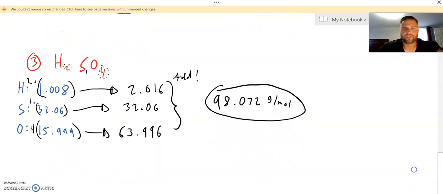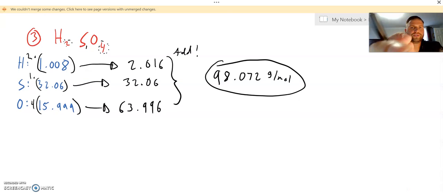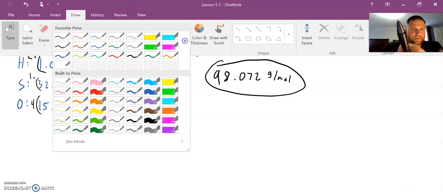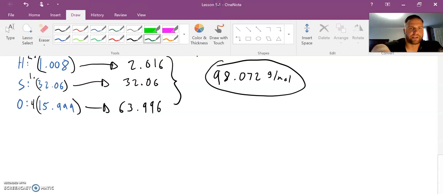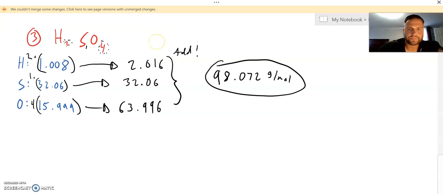Let's go ahead, let's put this in writing. What does that number truly tell us? So here's what that number tells us. 1 mole, okay, which is 6.02 times 10 to the 23rd particles.